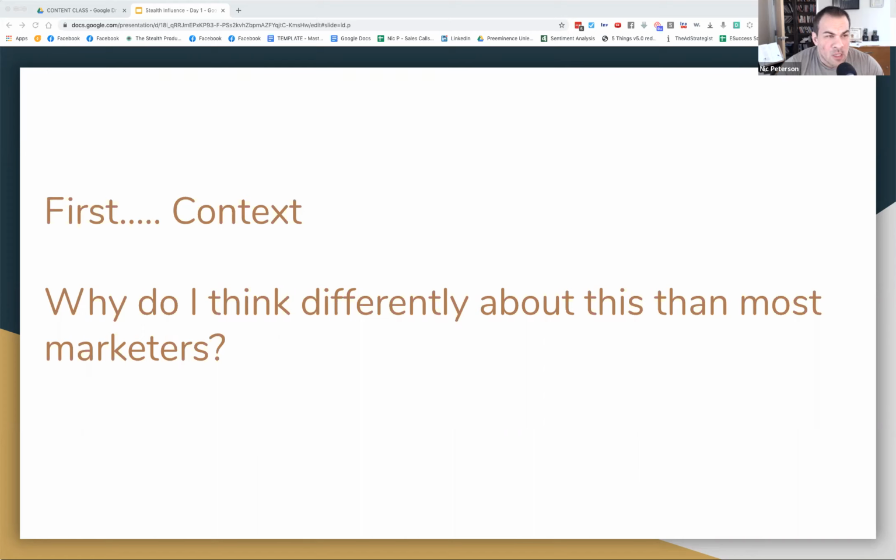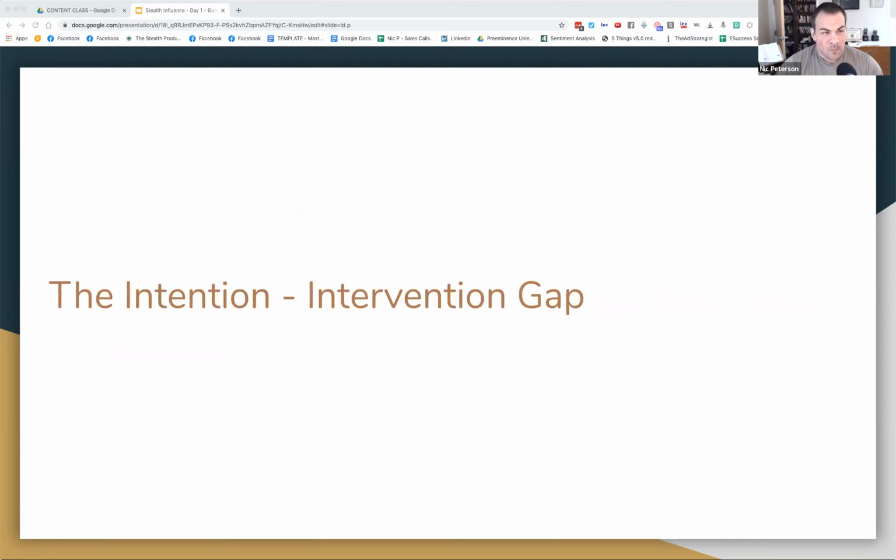Neither one of those things really addresses the thing that I'm most concerned about, which is, my background is cognitive behavior therapy. So the thing I'm most focused on is the intention-intervention gap: the gap between what you know you should be doing and what you're actually doing. You know you should be exercising 4 days a week, but you're actually exercising 2.